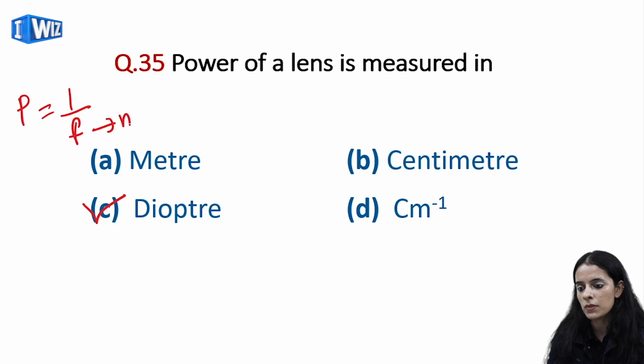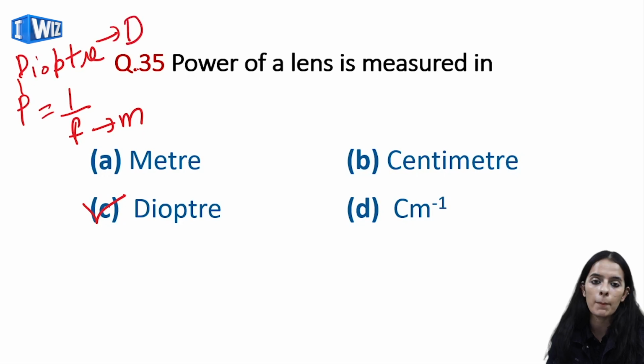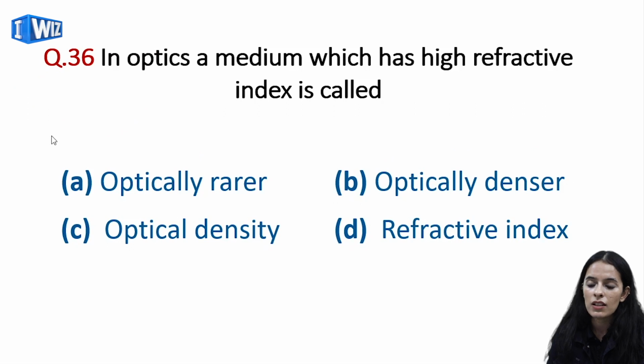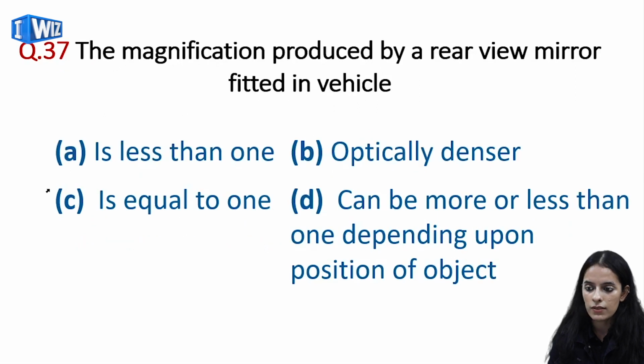Focal length is always in meter. The unit of power is diopter, that is denoted by capital D. Okay. Next. In optics, a medium which has high refractive index is called... A high refractive index medium is always a denser medium. Where light bends the most, that medium is called optically denser.